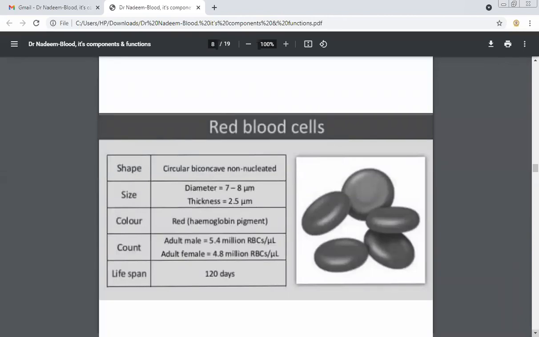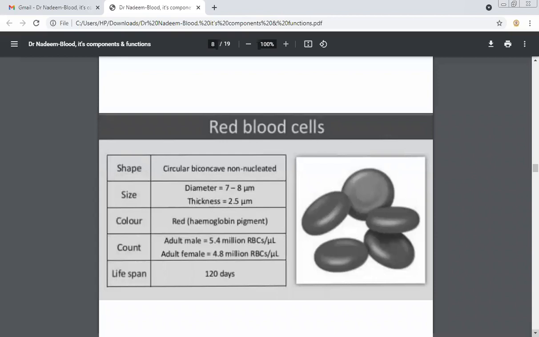First, the shape: these cells are circular, biconcave, and non-nucleated. Size: diameter is 7 to 8 micrometer, thickness is 2.5 micrometer. Color is red because of the hemoglobin pigment.